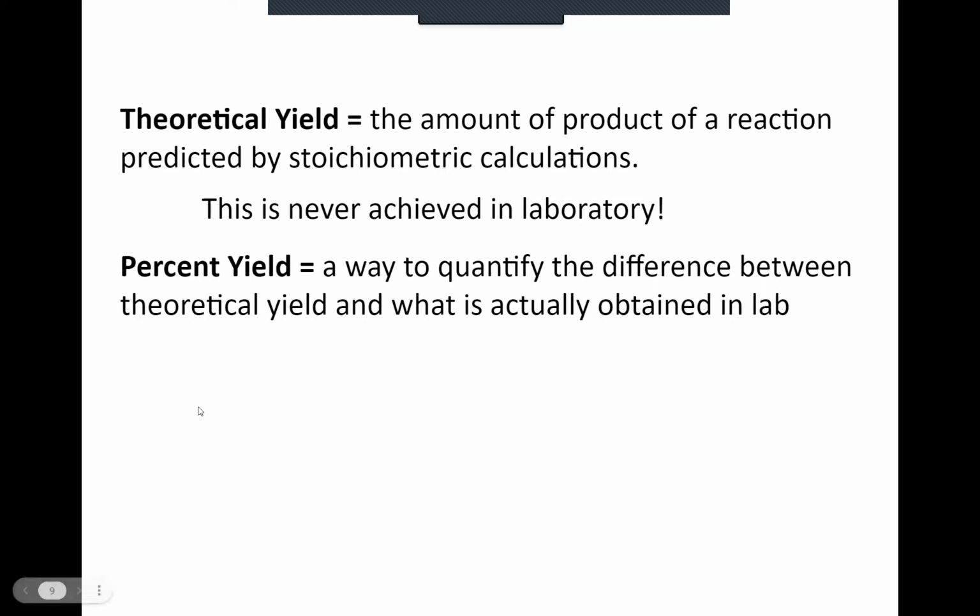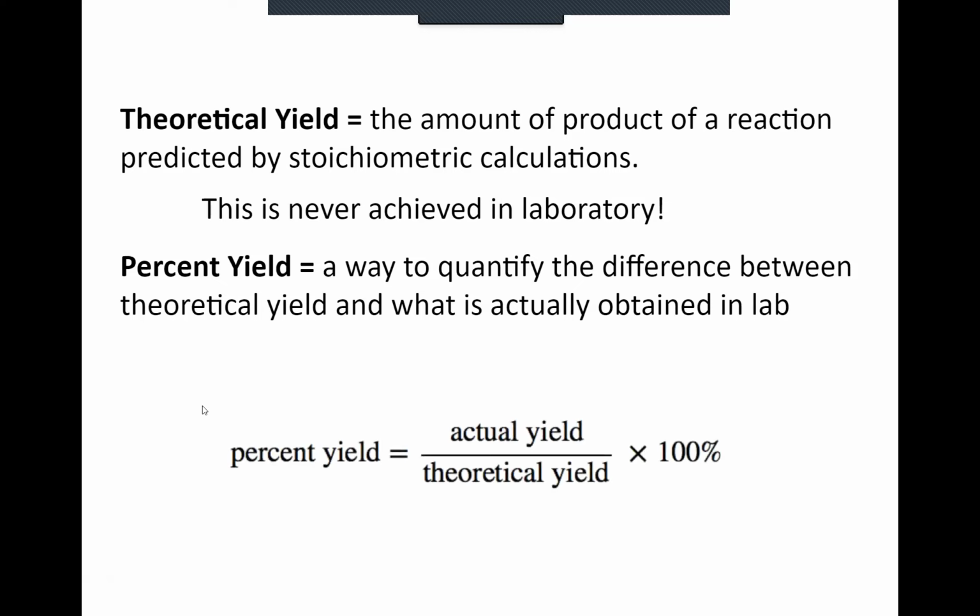Somebody's going to get something wrong. It's just normal. But we can quantify the difference between what we think you should have gotten and what was actually gotten. It's a simple calculation. You take the actual yield, what you actually got in lab, divide it by what you would have gotten by stoichiometric calculations. That's called the theoretical yield, and then times it by 100%.